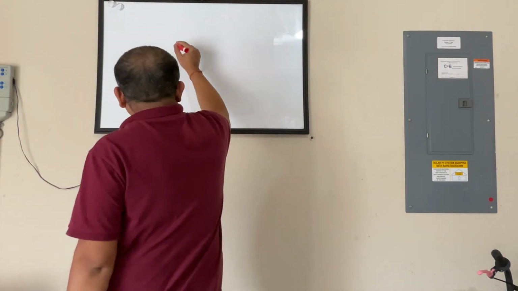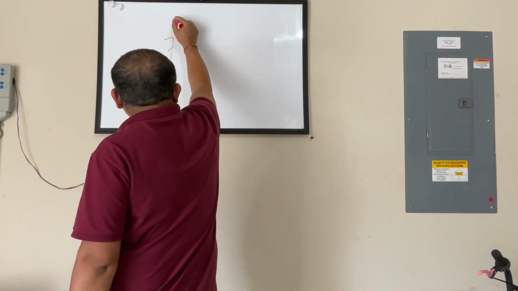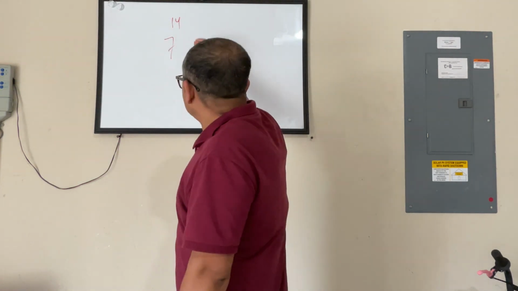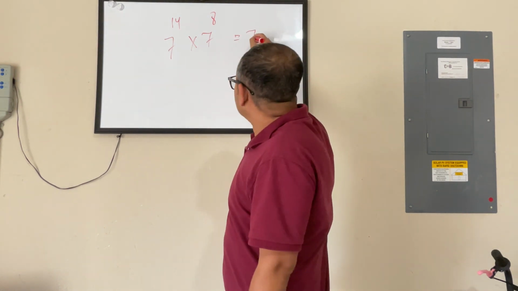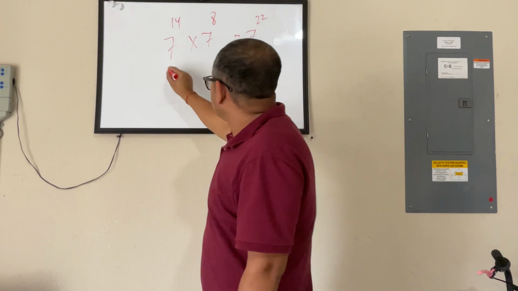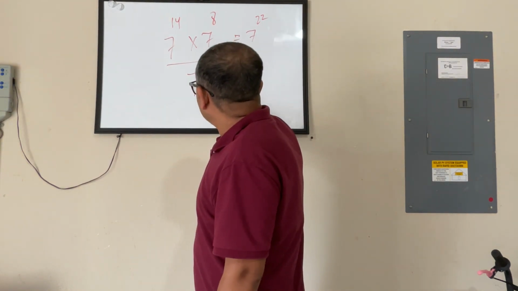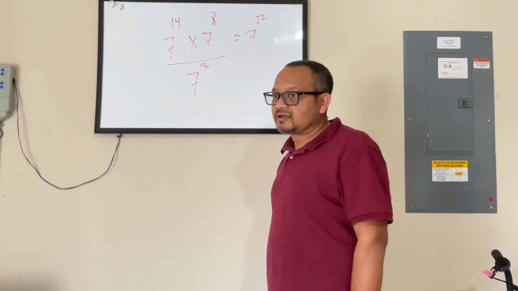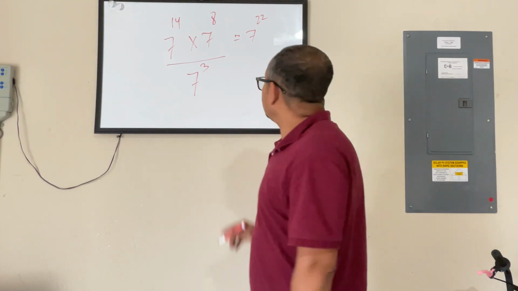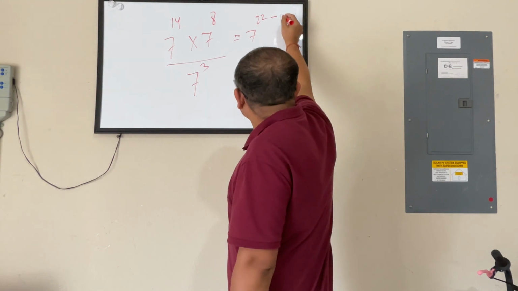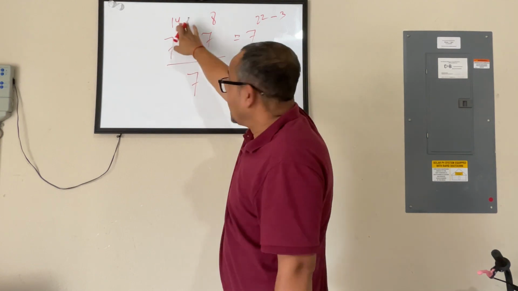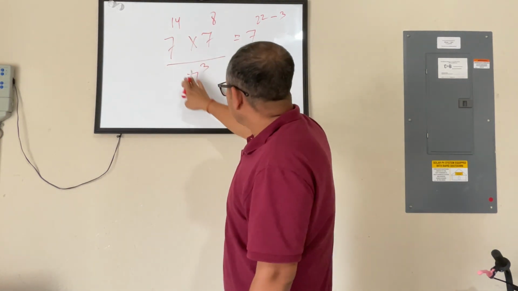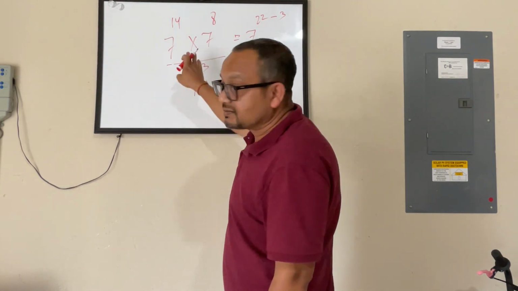So if I have 7 to the power 14 to be multiplied by 7 to the power 8, you can do it very easily. Then it will be 7 to the power 22. But if I add this twist, what will it be? You have to subtract. So basically this will become minus 3. So when you are multiplying numbers with the same base, you add the exponents. If you are dividing and it has the same base, you subtract the exponents.